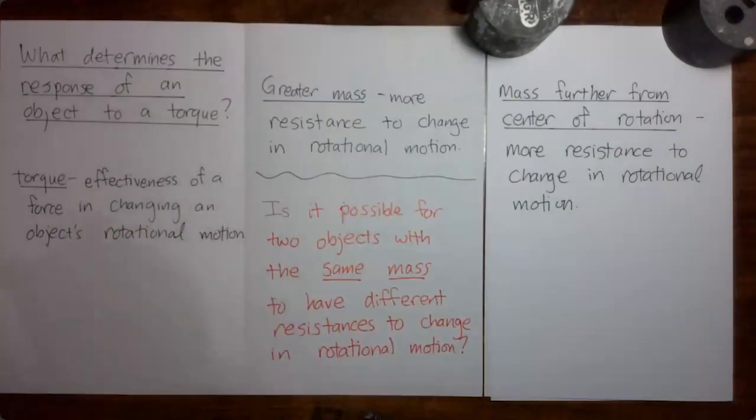In the next video, I will introduce you to a single quantity which describes the resistance of an object to change in its rotational motion. That single quantity will take into account both the mass of the object and the distribution of mass within the object.